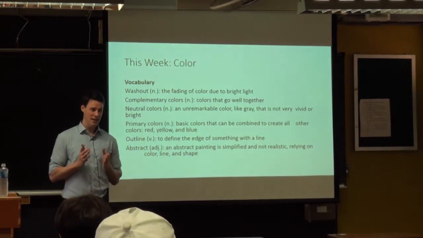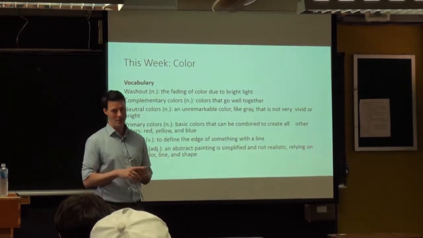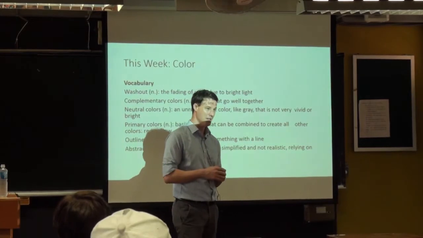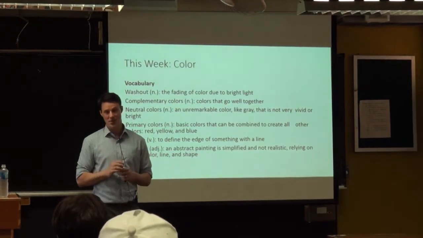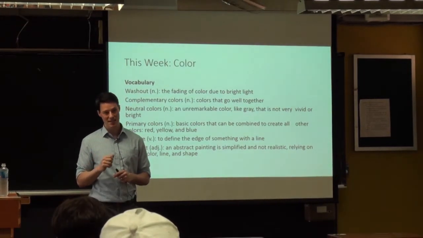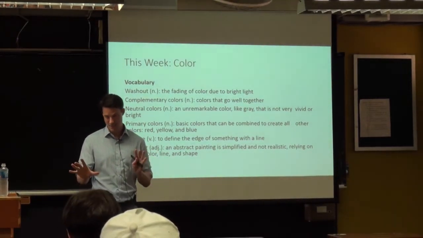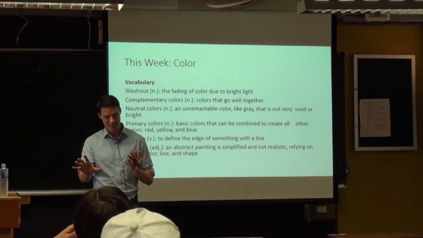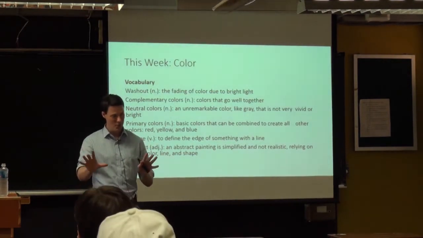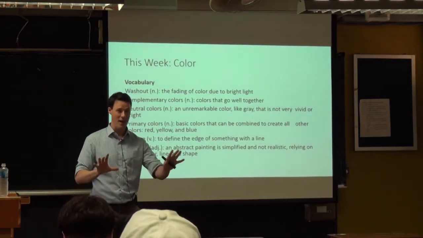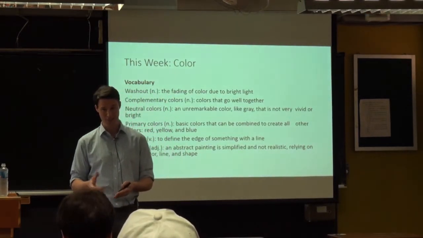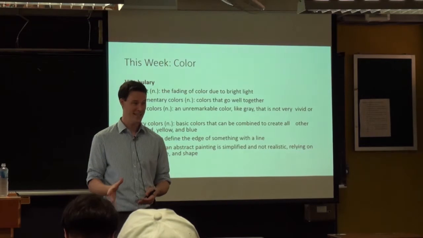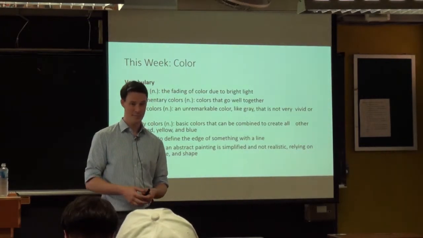Abstract, this is a really important term. I think I mentioned it at the beginning of the semester. Abstract is the opposite of realistic. Those two terms are kind of opposites, and they're really useful for thinking about painting and the development of painting.